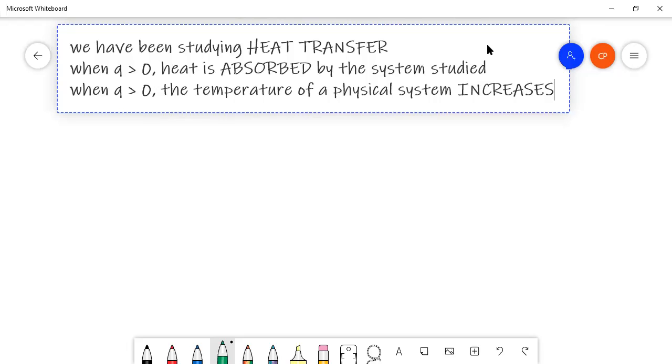And when that system is a physical system, that is when I can identify something tangible in the system that can change temperature, and Q is positive, in all likelihood the temperature of that physical system is increasing. Now, there are exceptions to that. We need to get into those exceptions as we move forward in the course. But based on what we've studied thus far, that's going to hold pretty consistently.